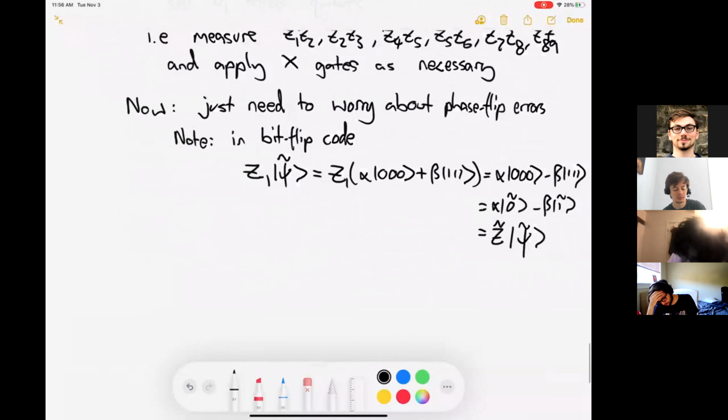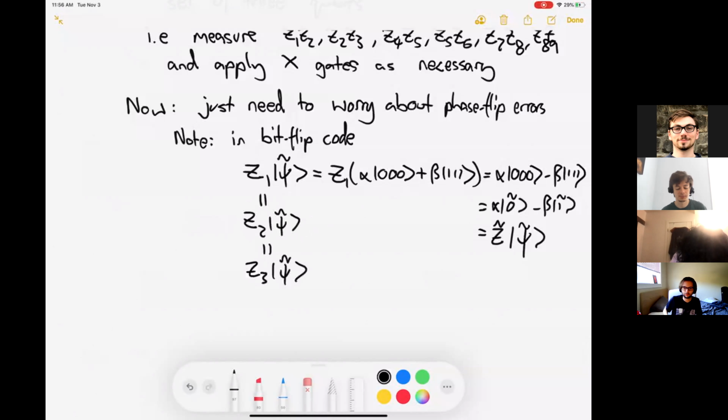Same for Z2 and Z3, right? So this is also equal to Z2 and equal to Z3, acting on psi tilde.